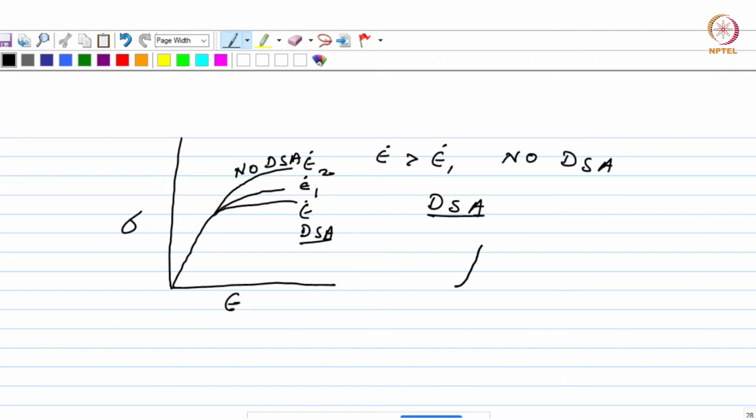And you can also show the effect on the activation barrier when DSA is occurring and DSA is not occurring. You can show the effect of strain rate on the activation through this schematic.